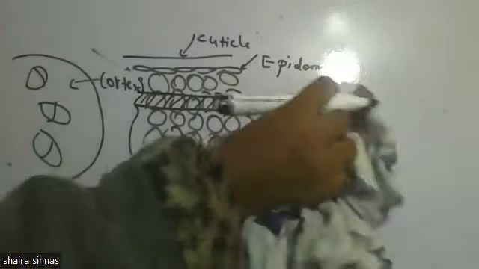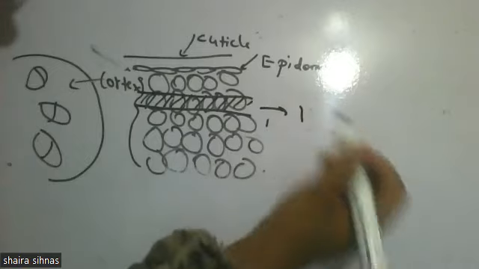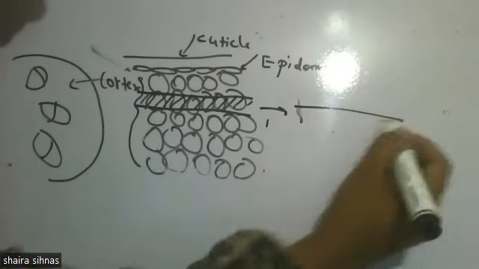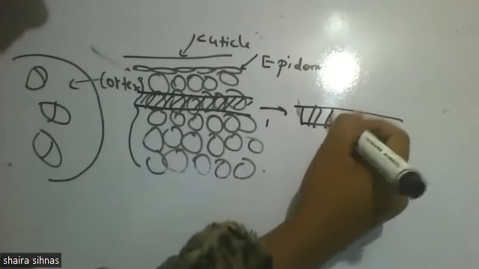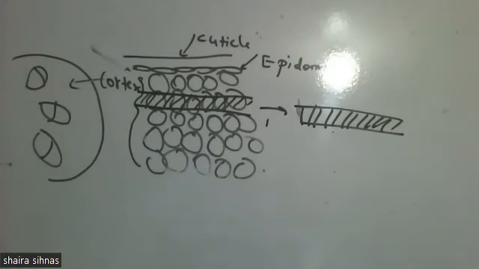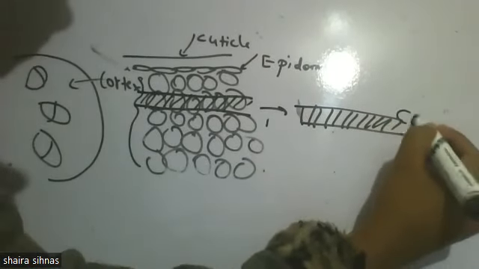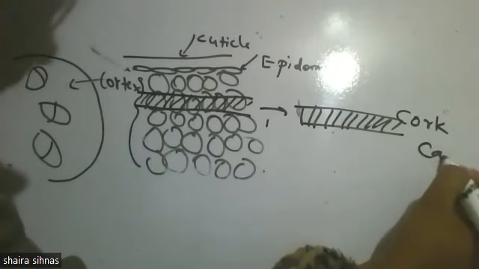So now I'll draw this, I will take this part here, okay? Right. So here now, this de-differentiated part, what do we call it? That is called the cork cambium. This is the part, cork cambium.